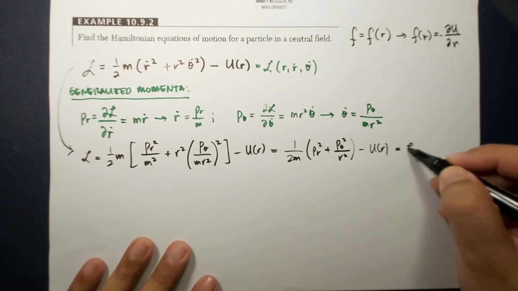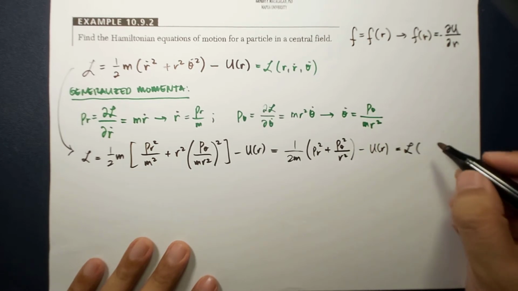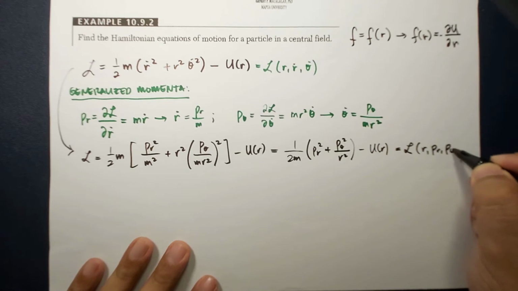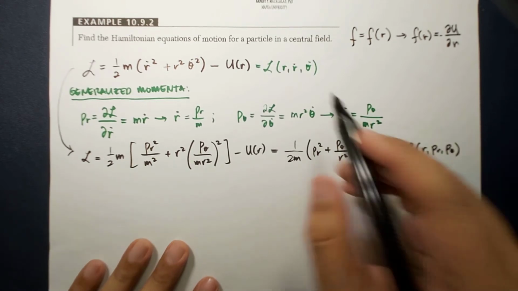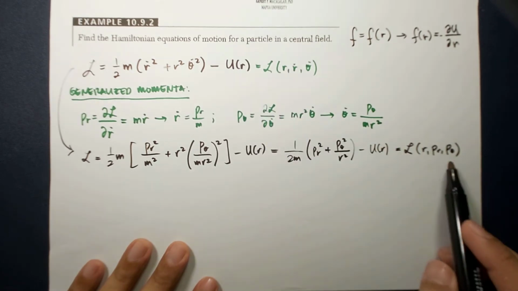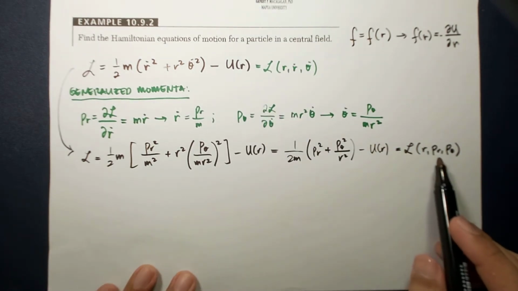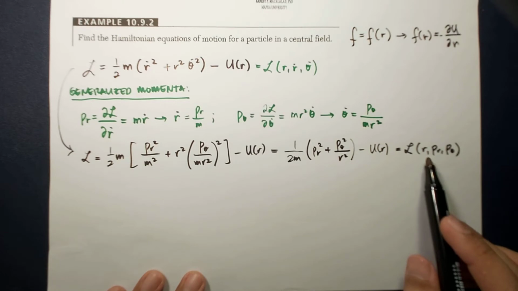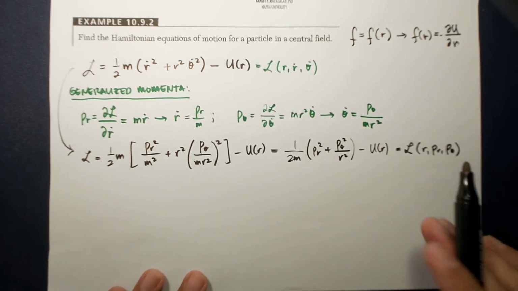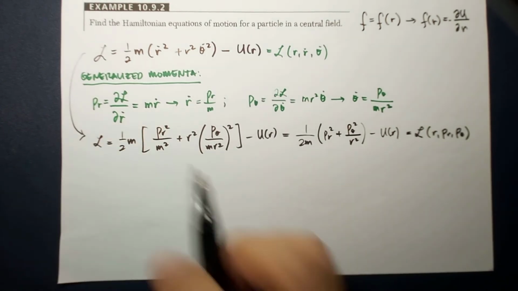So now our Lagrangian is now in terms of r, p r, and p theta. From an explicit function of velocity, we now express the Lagrangian in terms of position coordinates and generalized momenta.